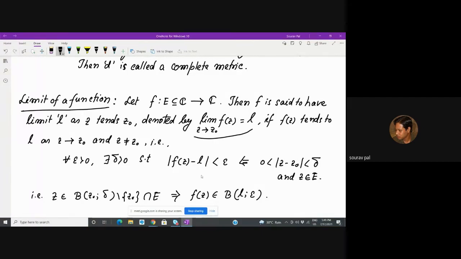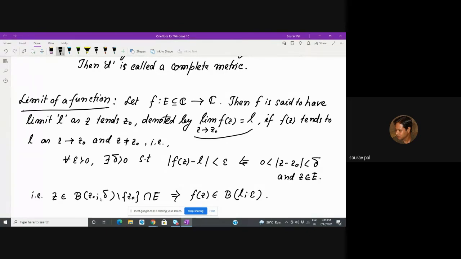So given a basic neighborhood of L, you can find a basic neighborhood of z naught such that whenever z belongs to the punctured disk, punctured at the center, so z naught is not there, and definitely it should not go beyond E, then f(z) belongs to the corresponding neighborhood of L. So this is what a limit is.